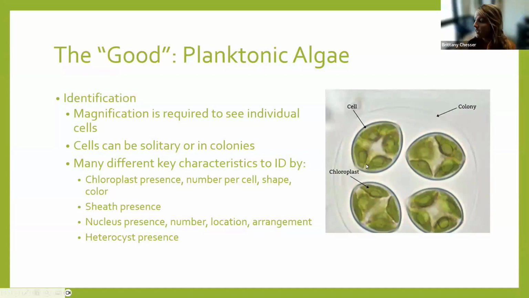Here you can see one of our more common freshwater species, and we're pointing to a few of the characteristics within that colony. We're really looking at the shape of each of these, if they have multiple nuclei, different things like that. So it does take someone who is skilled in identifying planktonic algae.